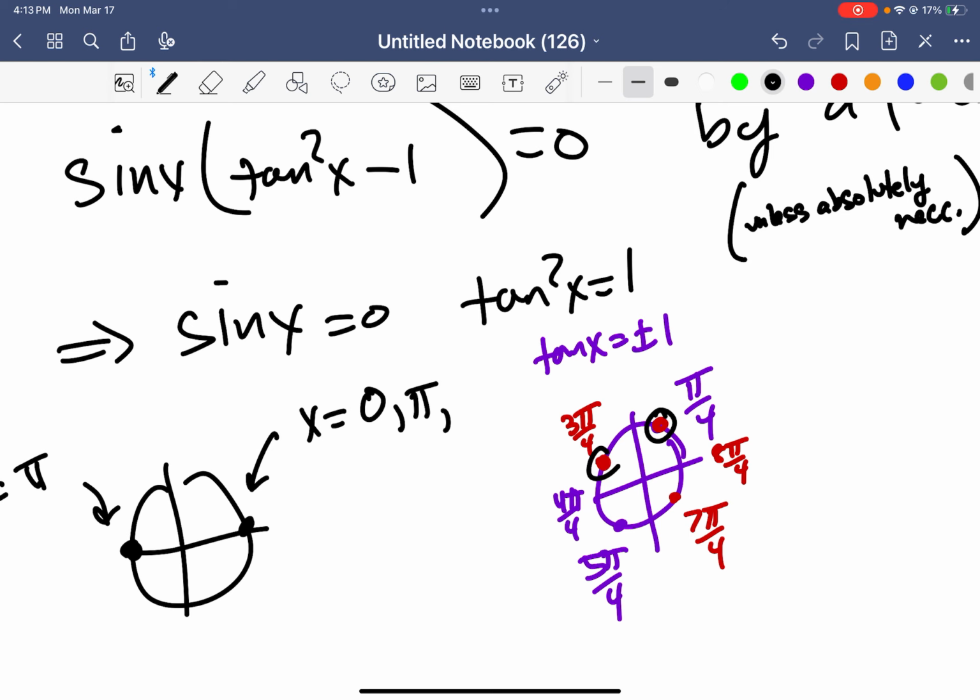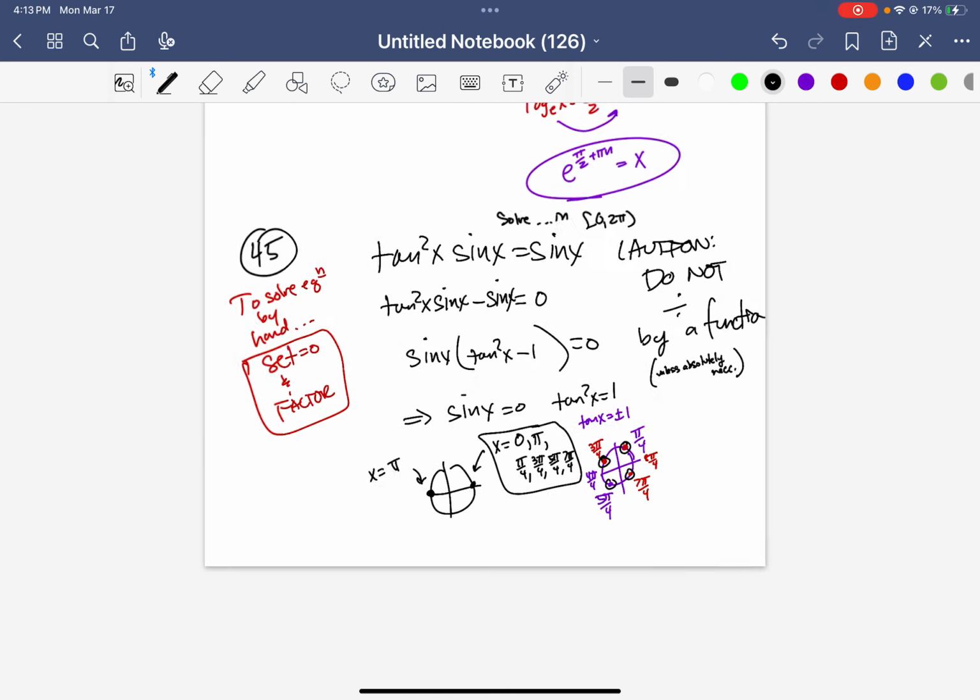This one, this one, this one, and this one. So that means we're going to add the points pi over 4, 3 pi over 4, 5 pi over 4, and 7 pi over 4. So now these odd multiples of pi over 4, those are going to be all of our answers.